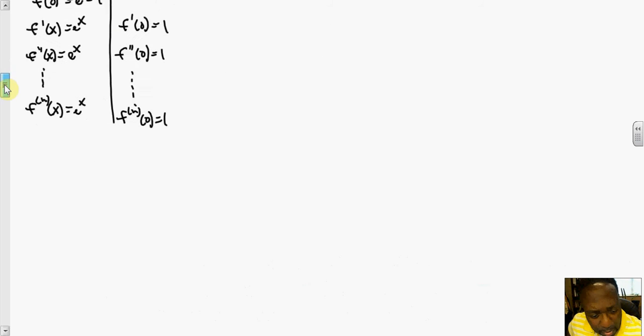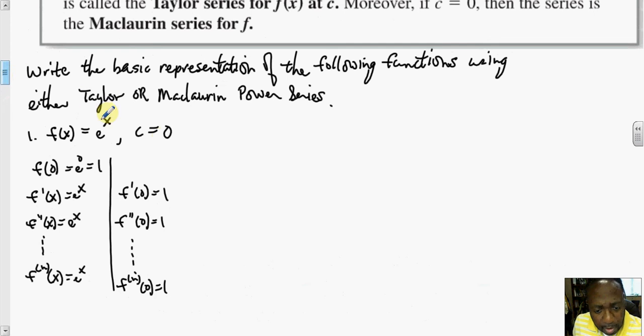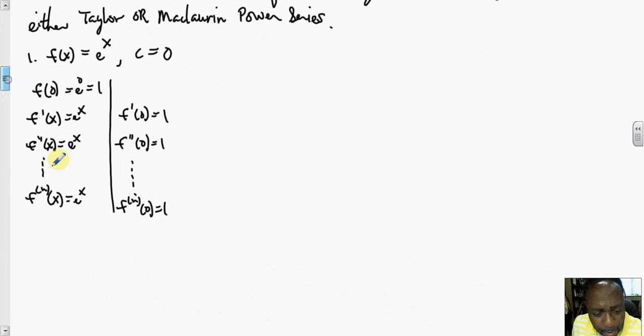So using Taylor, particularly Taylor at c equals 0, the Maclaurin, we can write the expansion for e to the x.